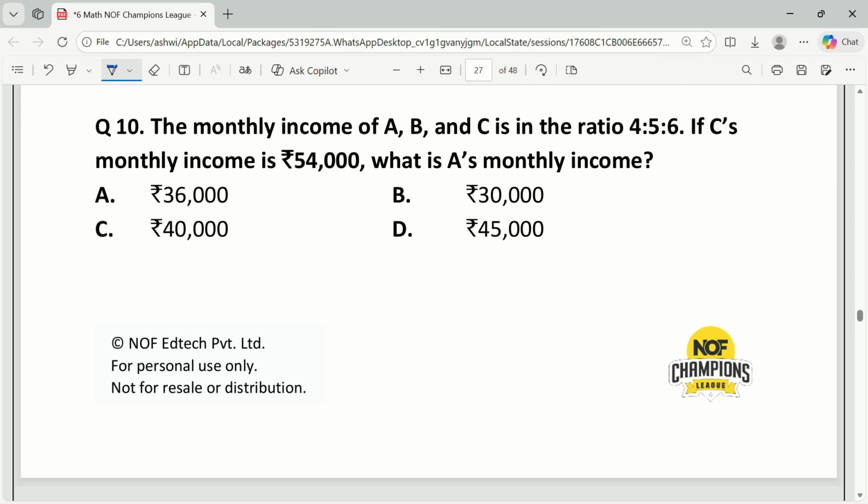Question 10. The monthly income of A, B, and C is in the ratio 4:5:6. If C's monthly income is rupees 54,000, what is A's monthly income? The ratio is 4:5:6. C's 6 units corresponds to rupees 54,000.